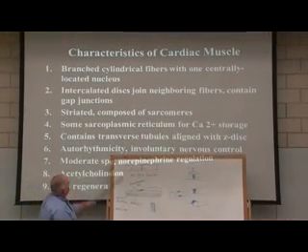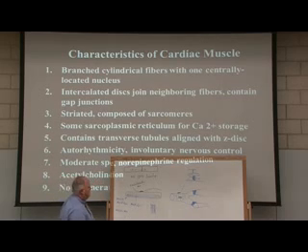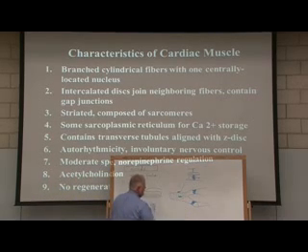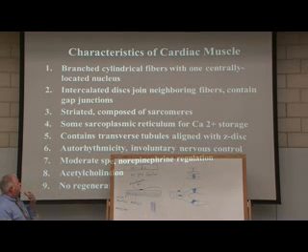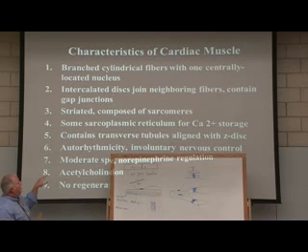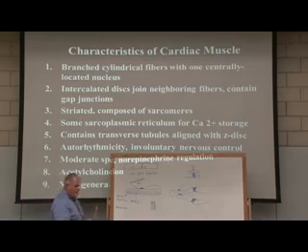All right. So it's striated, composed of sarcomeres again. So we do see A and I bands, but very subtle A and I bands compared to skeletal muscle. And there is some sarcoplasmic reticulum for calcium storage.